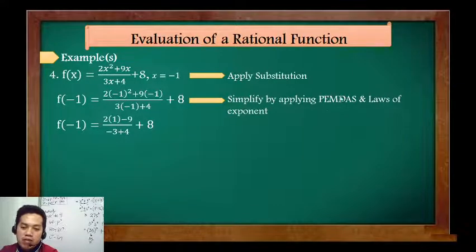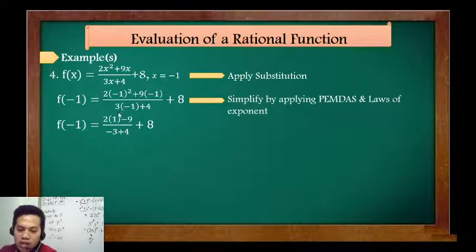So, based from PEMDAS rule, naa tay exponent. So, unahon na to solve ang naay exponent. So, negative 1 to the power of 2, this can be written as negative 1 times negative 1. So, based from the rules of integer, negative times negative, that is positive. So, therefore, negative 1 square is positive 1.